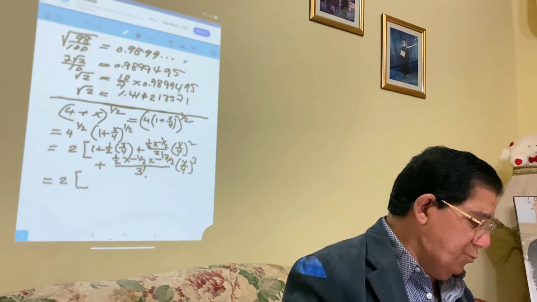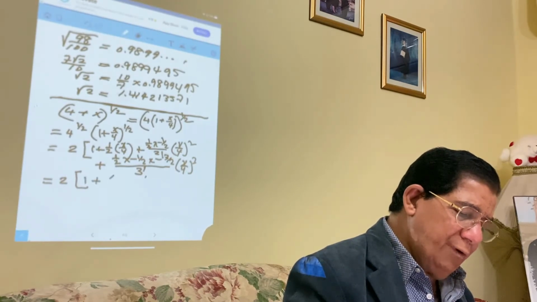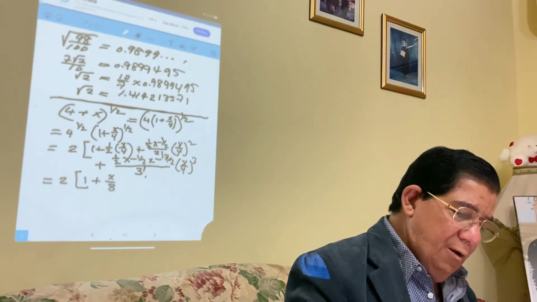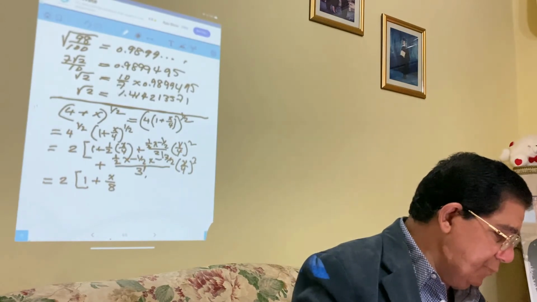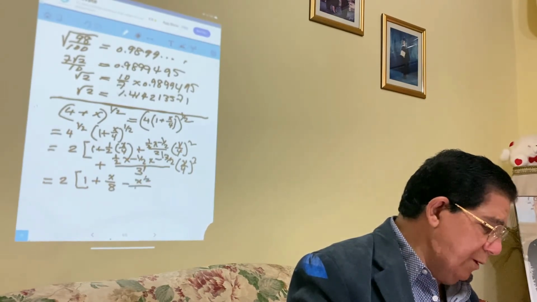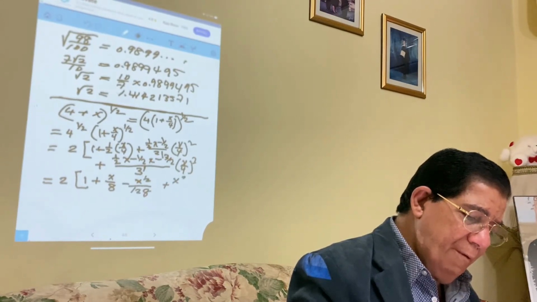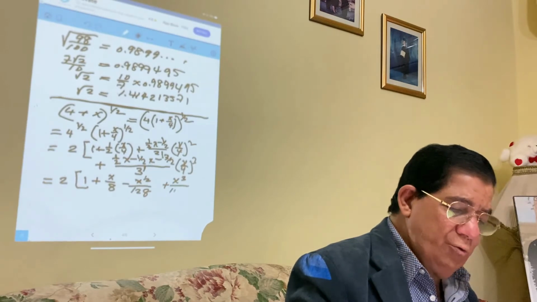The inside will be 1 plus x over 8 minus x squared over 128 plus x cubed over 1024.